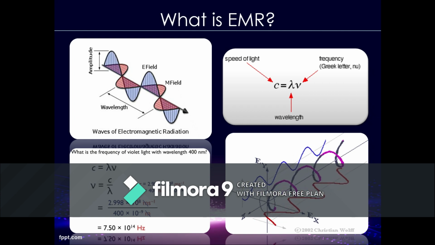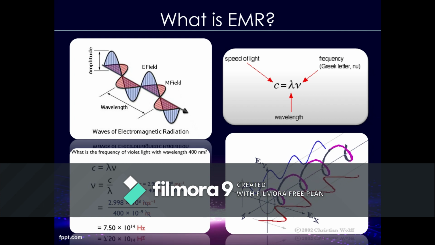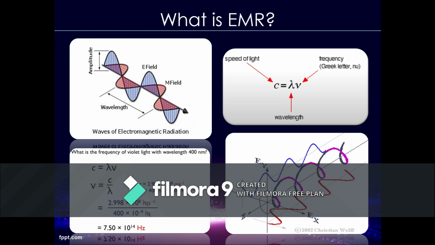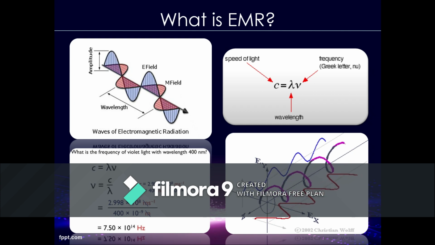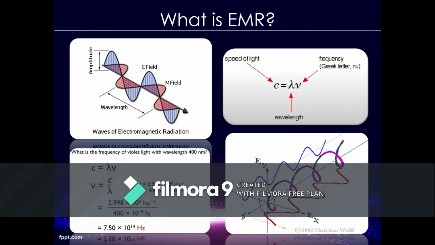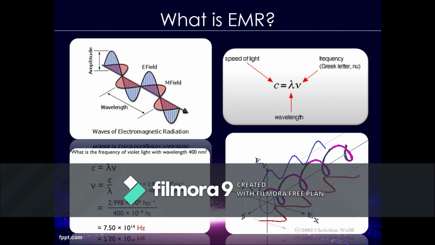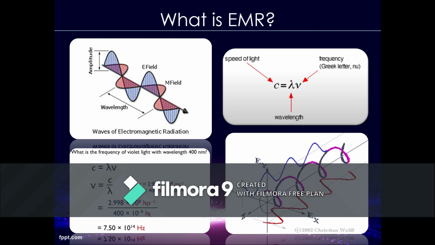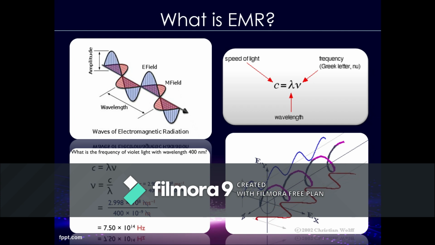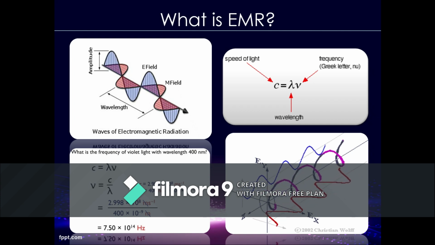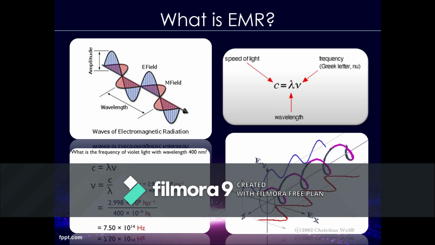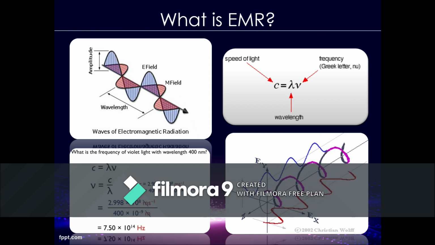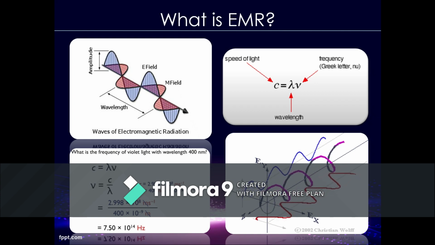And electromagnetic radiation consists of three different fields. One is the electrical field, another is the magnetic field, and the third one is the direction, the speed of light. And the three different fields are perpendicular to each other. Now, the relationship between the wavelength and the frequency of electromagnetic radiation is given there.